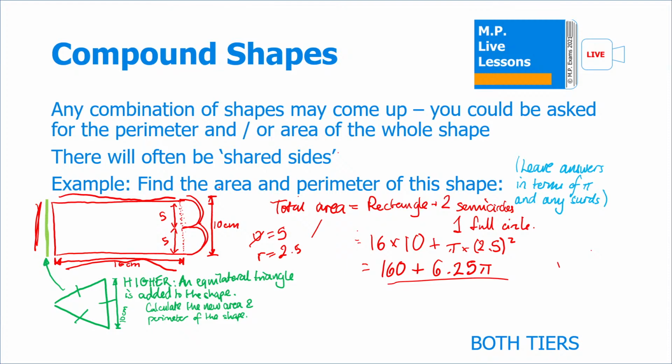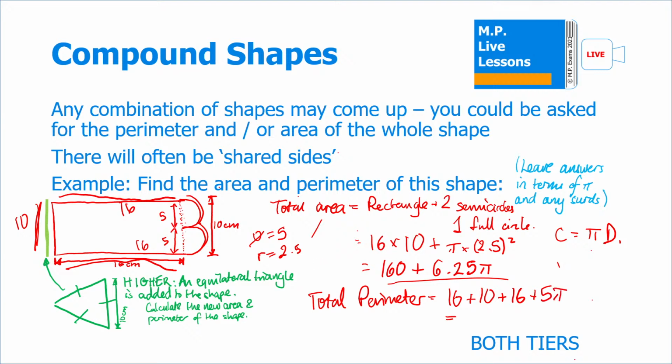So the circumference is pi times the diameter, so the total perimeter: you have your length, which is 16, plus the width here, which is 10, and then another length, 16. Then you have your two semicircle arcs, which actually make a full circle or a full circumference. That'll be pi times the diameter, so 5 pi. This gets us finally 42 plus 5 pi.